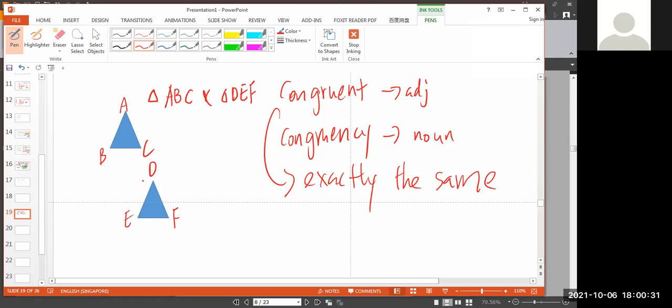They are duplicates, so I can say they are congruent. That's the meaning of being congruent. Usually you say two triangles are congruent. So now go back to the question.